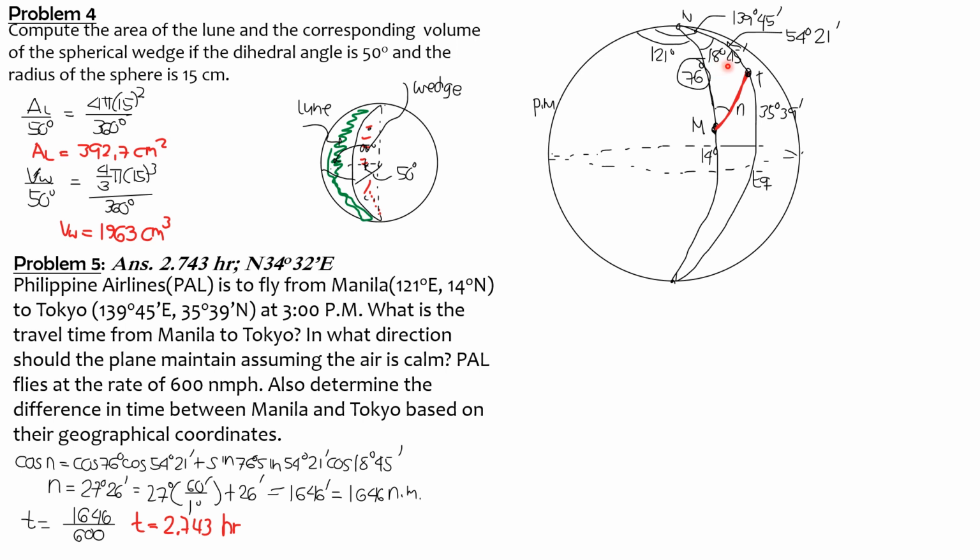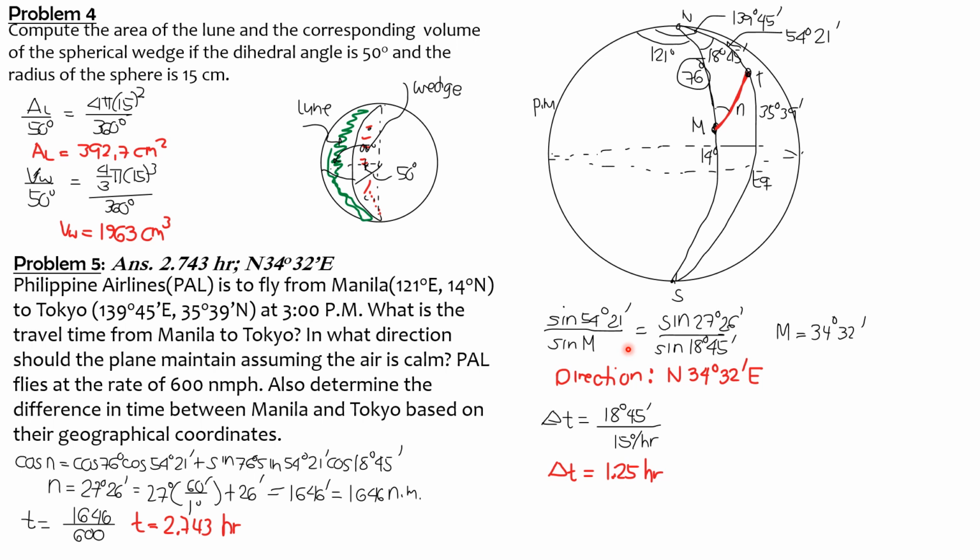We divide this by 15 degrees per hour because the meridians are separated 15 degrees apart, where 15 degrees is 360 degrees around the globe divided by 24 hours in a day. So that's why it is 15 degrees.